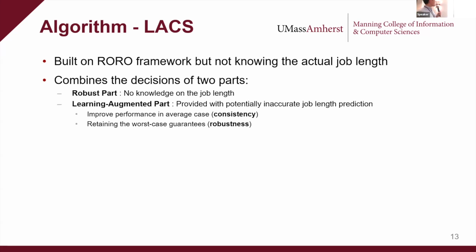And so what this could do is it can improve the performance in the average case of consistency when the predictions are correct or close to correct. It also is robust, so retains worst case guarantees, even if the prediction is incorrect.